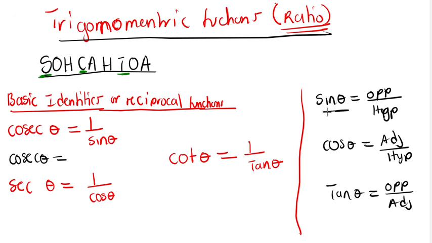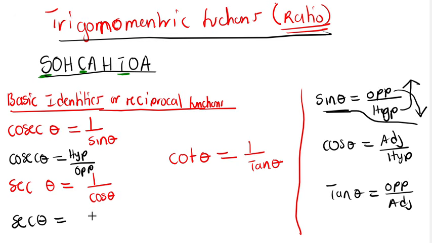So if I ask what are the ratios of cosec theta, look at the sine. I get the hypotenuse and put it on top, then the opposite goes down, so the ratio of cosec is hypotenuse over opposite. When it comes to the ratio of sec, look at the cos, which is adjacent over hypotenuse.